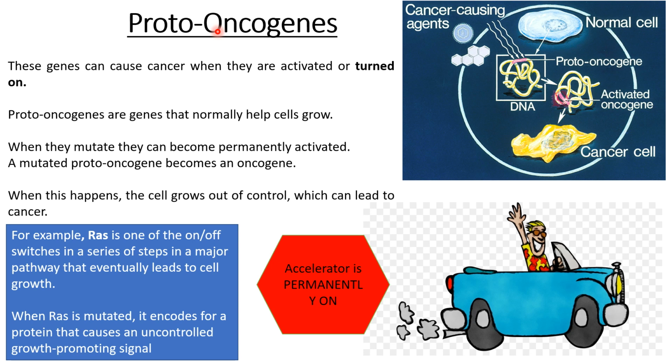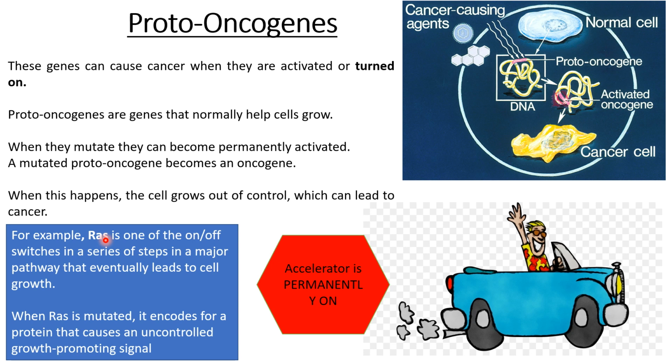But we want it in a controlled fashion. We don't want it all the time, only when it's needed. With cancer, it's all the time. Hence, an oncogene causing uncontrolled cell division. RAS is an example of a proto-oncogene that can be mutated into an oncogene causing increased cell division.